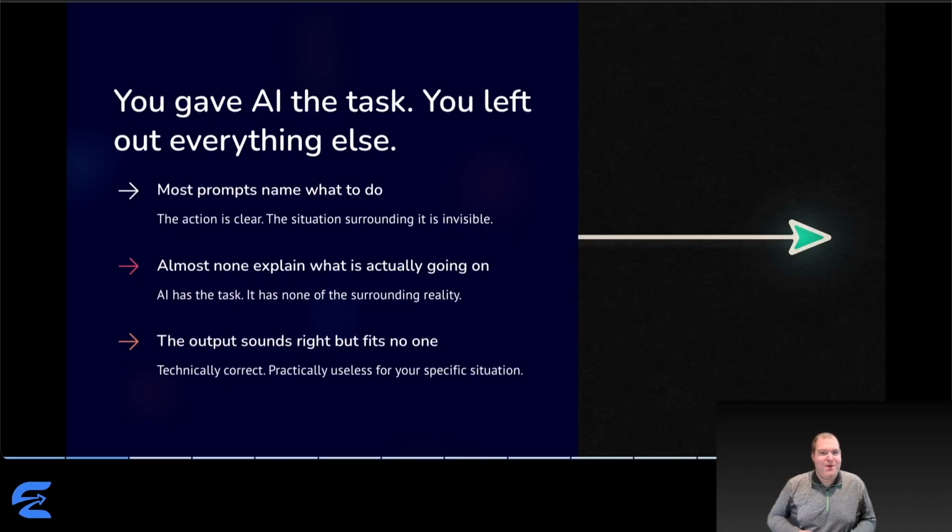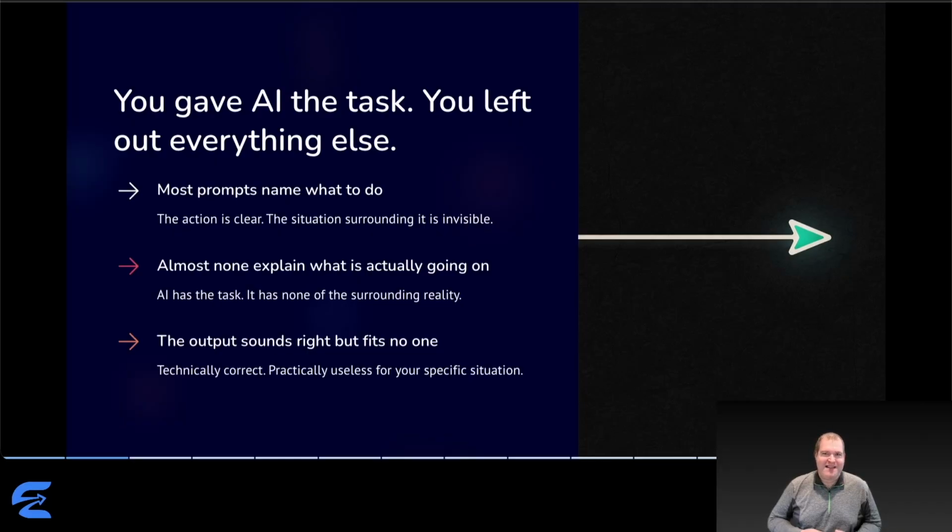This is the pattern most people follow. They have something that needs doing, they describe the task clearly, they send the prompt. The task is there, the situation surrounding the task is completely invisible to the model. AI has no idea who you're managing, what kind of team you're dealing with, what the history is, what the stakes are, or what a good outcome actually looks like for your specific circumstances.